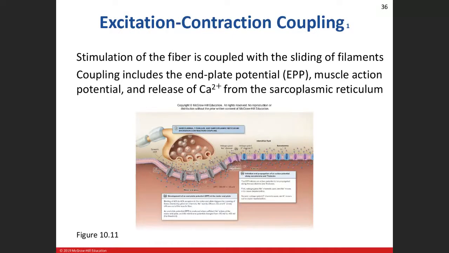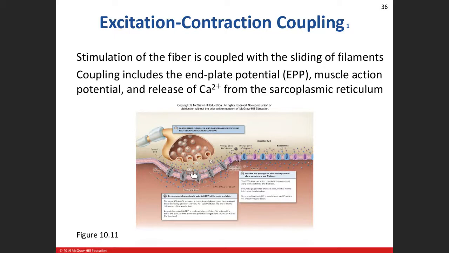The next step is this one right here, our excitation-contraction coupling. Now we need to generate, right, enough of a difference in that resting membrane potential to cause what we call a muscular action potential. And then that muscular action potential needs to find a T-tubule somewhere. Okay?